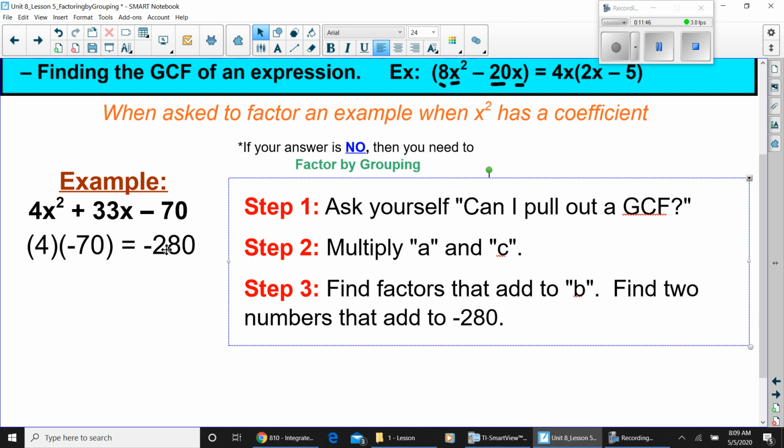So that might take you a little time because negative 280 is not like a normal number.